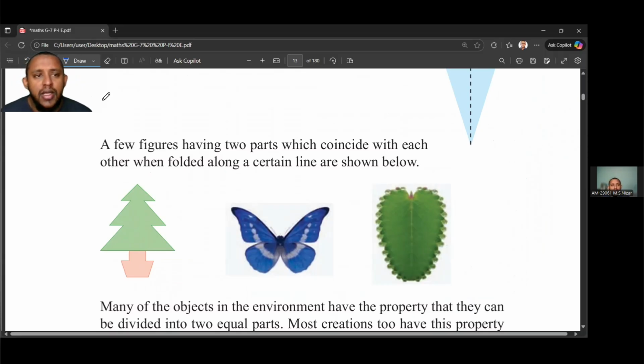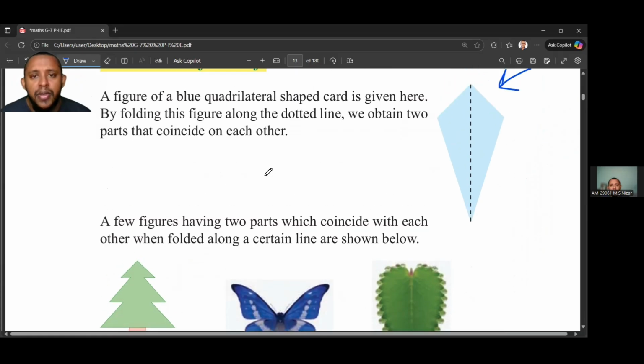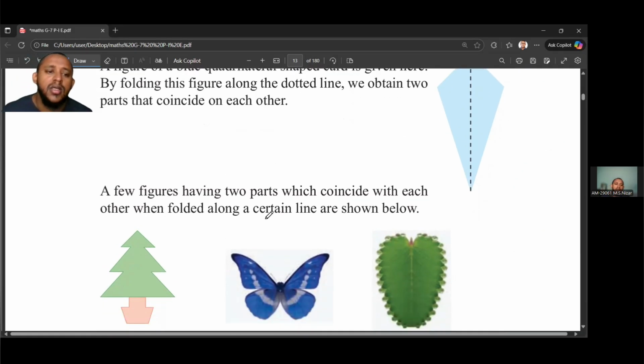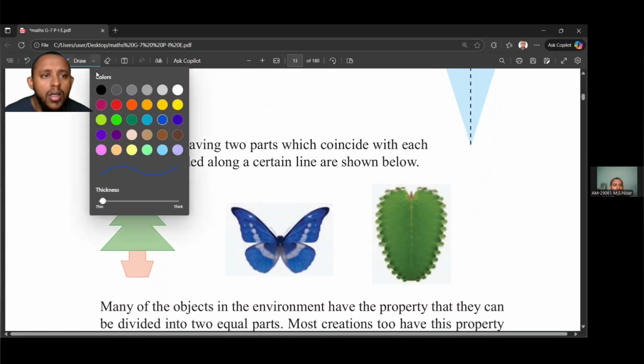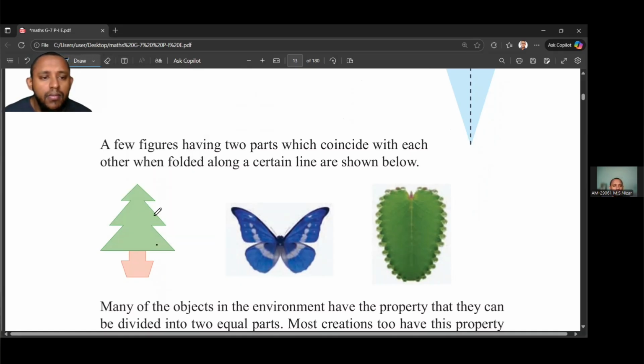Same as with our previous quadrilateral shaped card, you can easily draw a line.